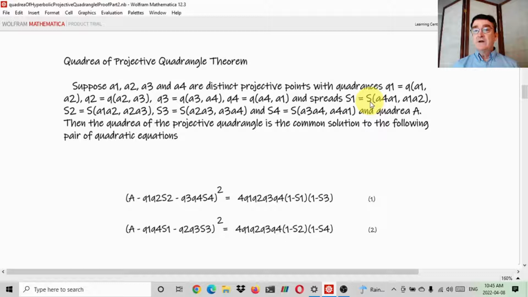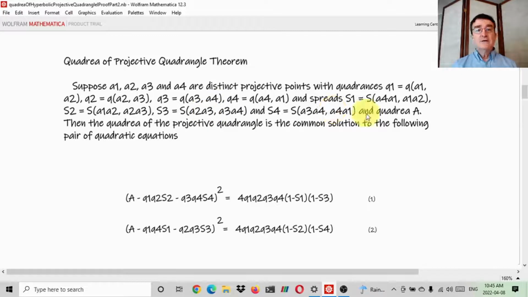S2 is the spread between lines A1, A2 and A2, A3. S3 is the spread between line A2, A3 and line A3, A4. And S4 is the spread between line A3, A4 and line A4, A1.